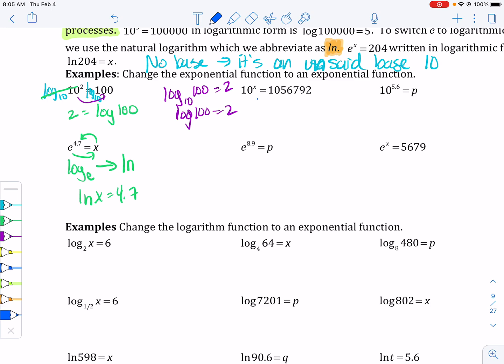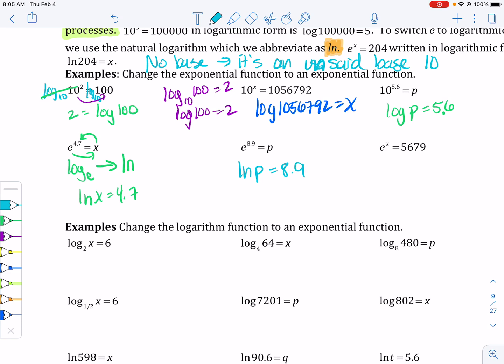Okay, so here you should get log of 1056792 equals x. I don't have that base here because it's an unsaid 10. This one would be log p equals 5.6. Okay. Here, this would be natural log of p equals 8.9. Okay.